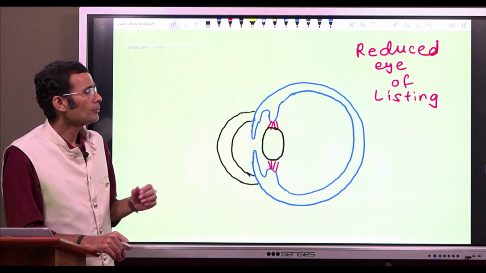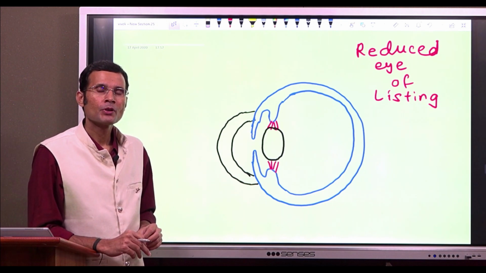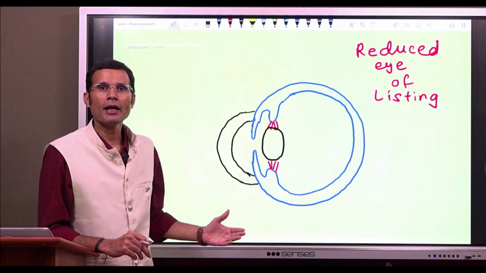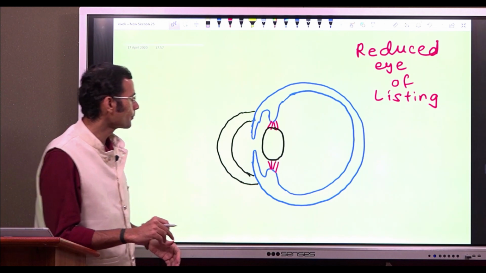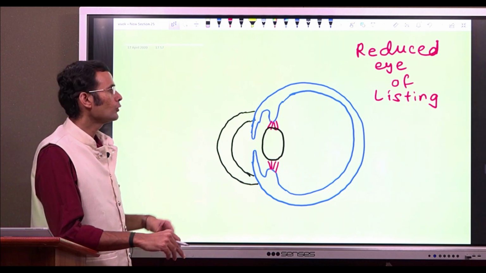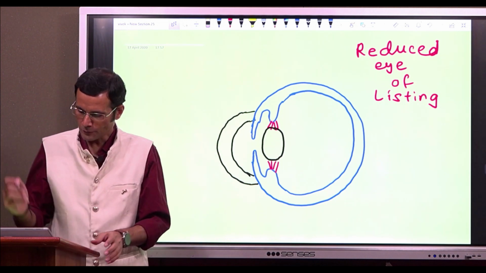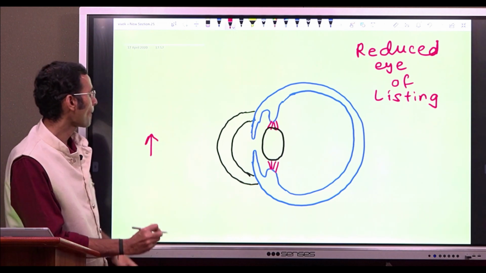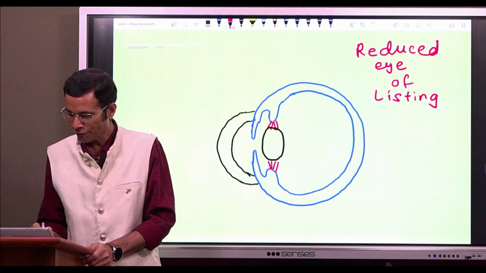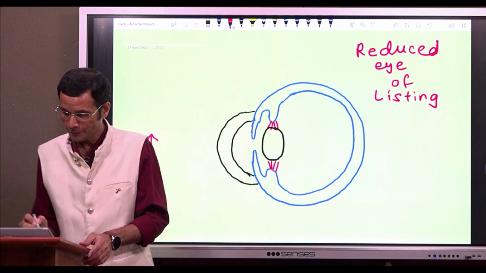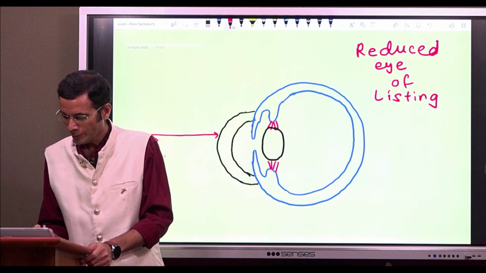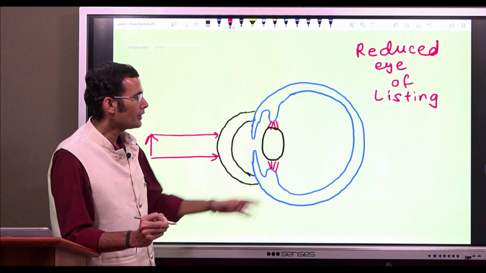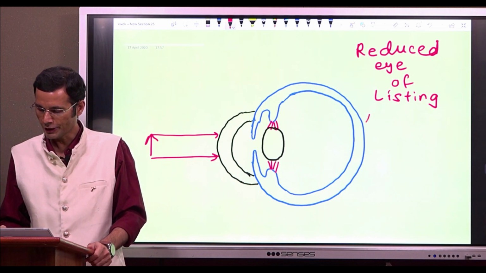So, let me first tell you how is the actual functioning of the eye in terms of image formation. This is a cross-sectional view of the eyeball. So, here is an object placed in front of the eye. Now, light rays coming from that object are going to enter the eye and the image will be formed on the retina over here.